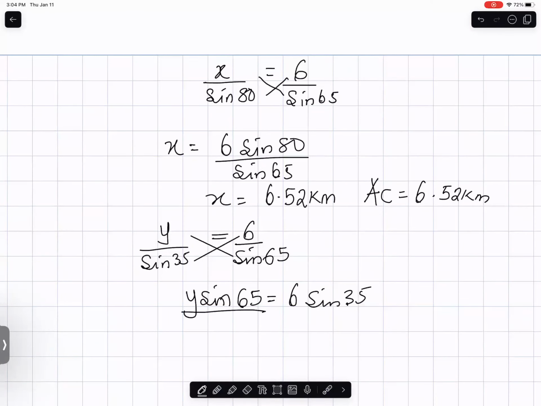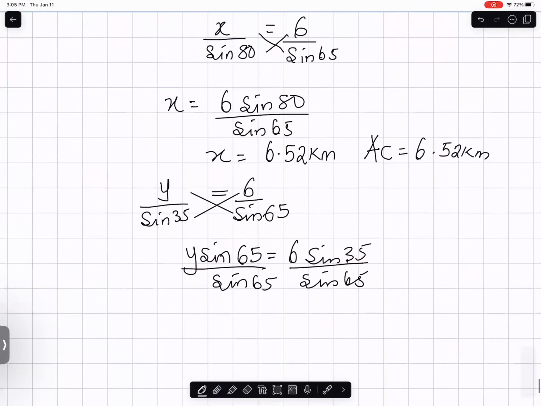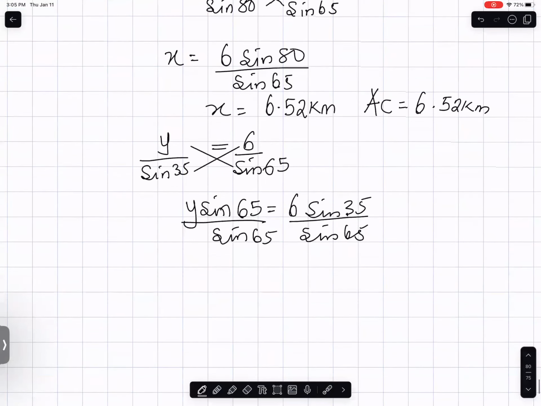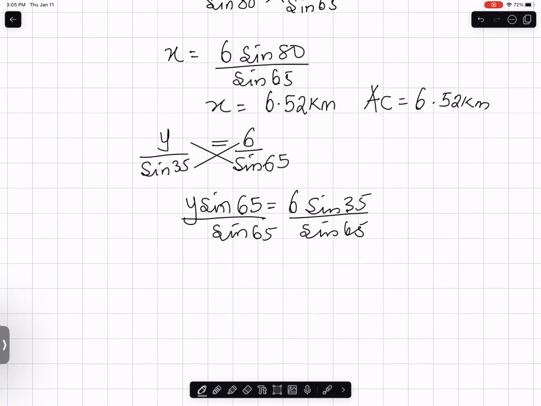So divide both sides by sine 65. So 6 sine 35 divided by sine 65. That gives us 3.8 kilometers. So our Y is 3.80 kilometers.